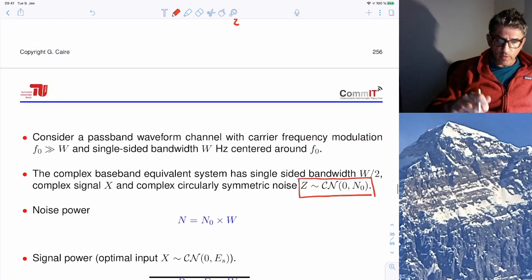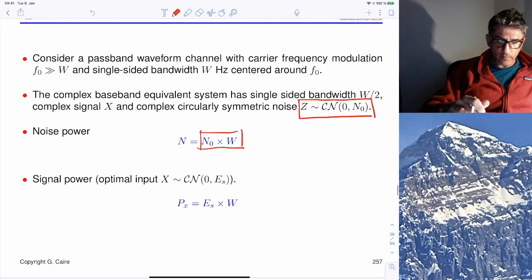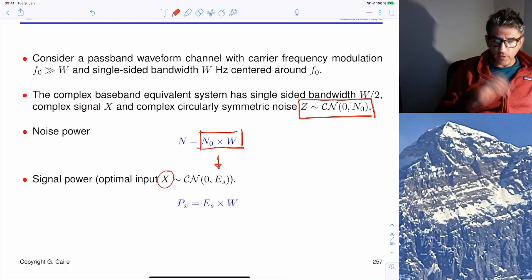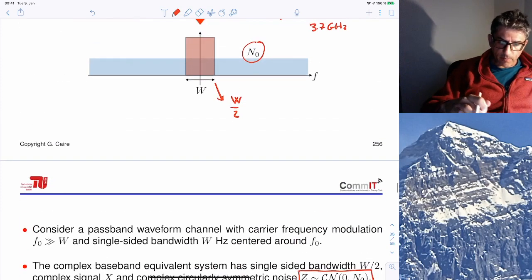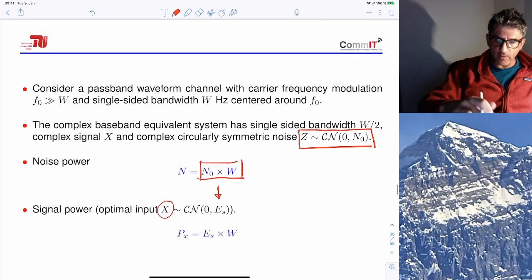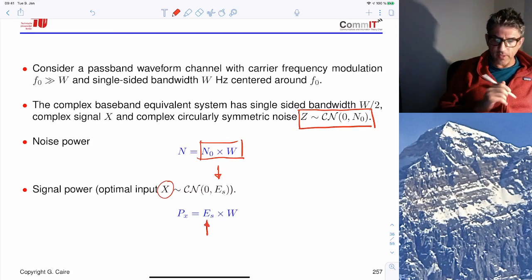The noise power, when you see it from here, is simply N0 times W. The signal power, now if we take X to be also complex Gaussian with variance ES per complex sample, now the one-sided bandwidth is W half, so twice this is W. So by the same argument as before, we have energy per complex symbol ES.